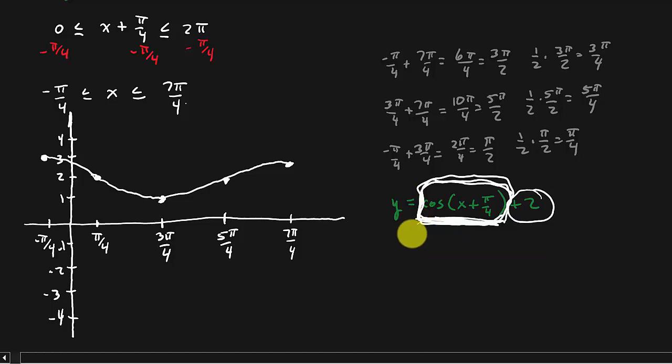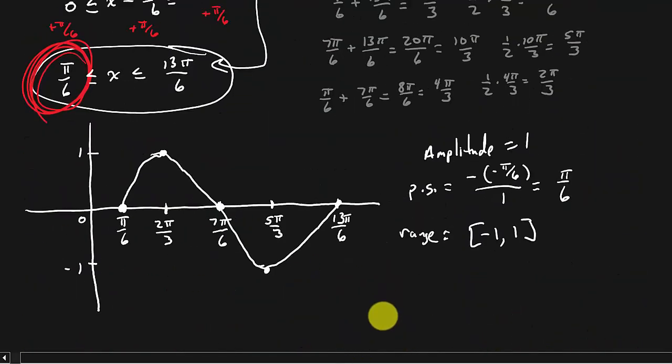Okay, so that's what we did. We went to 1, 0, negative 1, 0, 1. And then we said, okay, but the 2, that's going to bump each one of those up 2 units. So that's where the 3, the 2, the 1, the 2, and the 3 come in. I hope that made sense.